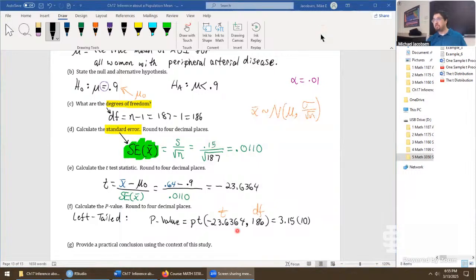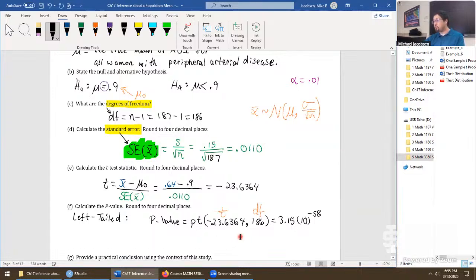If you've taken physics, you know that that is a pretty small value in terms of stuff like grams or centimeters. Power negative 58, that's a very, very small world you're looking into at that point. What was alpha? 0.01. That's assuredly less than alpha, right? We are well below any significance level alpha anybody would have provided that's reasonable.